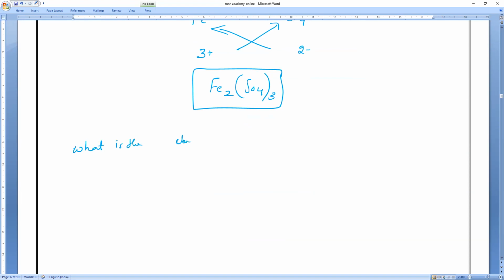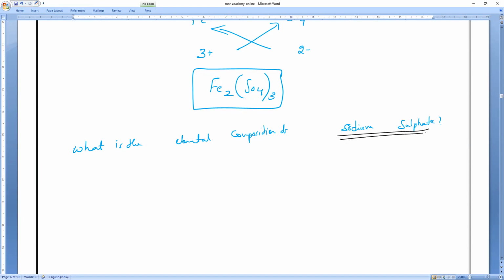The question is, what are the elements present in this? That is only elemental composition. You should say what elements are there in this sodium sulfate.